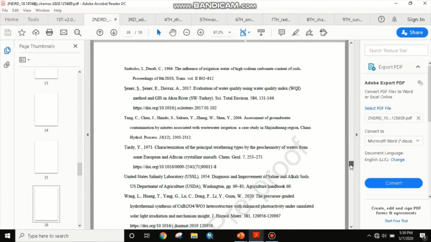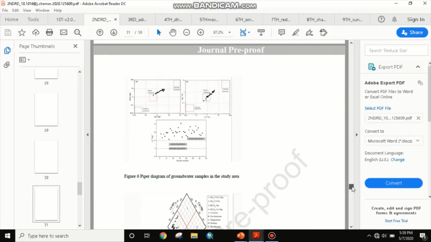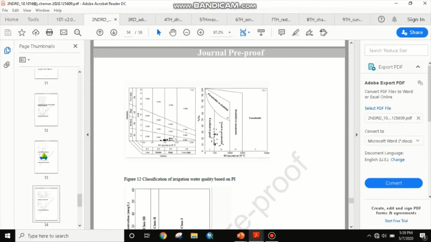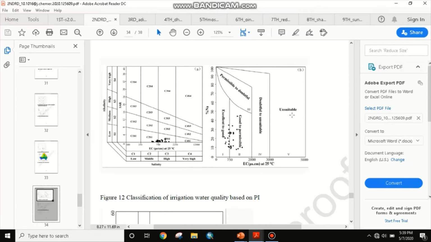So here, if we see our Wilcox diagram, it is present over here. So here they have given the Wilcox diagram, and excellent to good. You can see that samples are located in the excellent to good section and the good to permissible section.